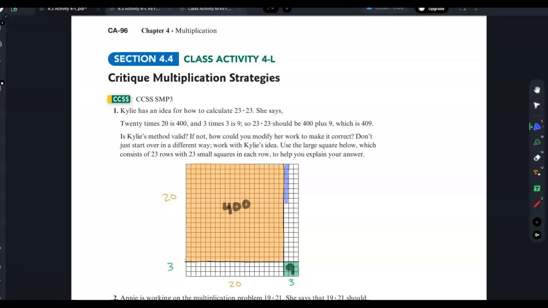You can see that if she just does 20 times 20 is 400 and 3 times 3 is 9, she's missing this blue rectangle here. And that blue rectangle would have 20 rows with 3 squares in each row. And then she's also missing this rectangle here, which would be 3 rows times 20 in each row. So she's missing those 2 blue sections, right? So you can see this is not going to give you the same thing as 23 times 23.